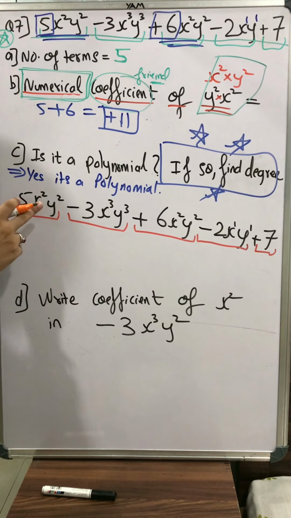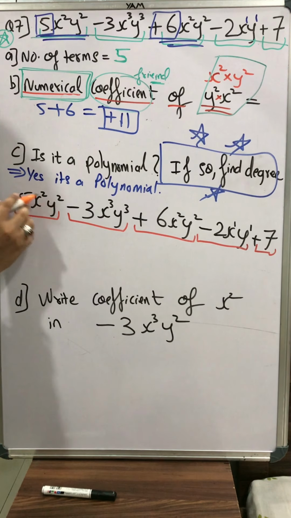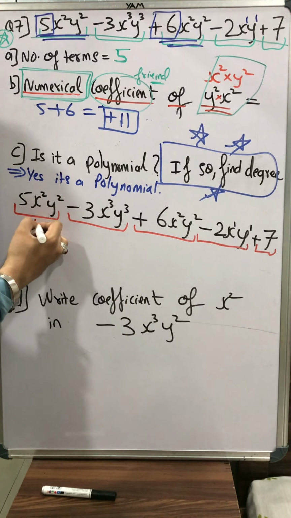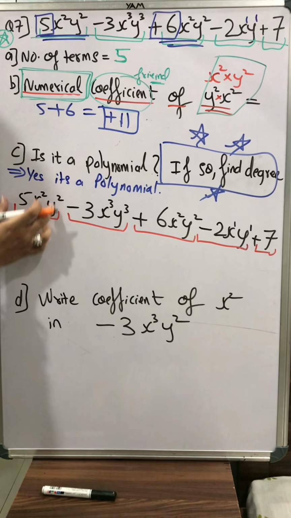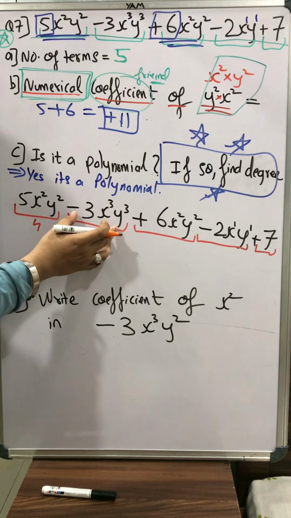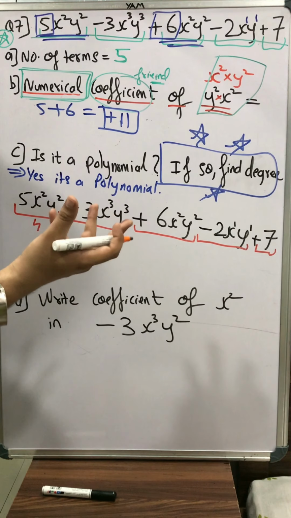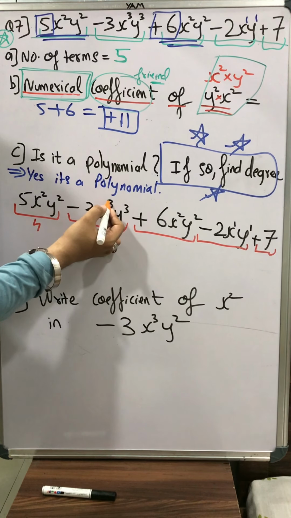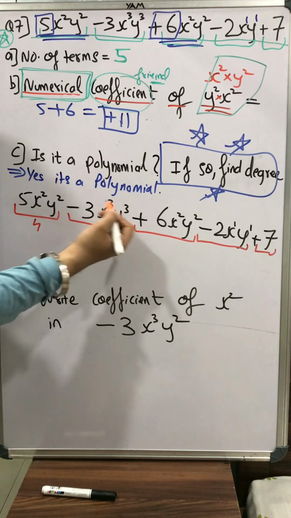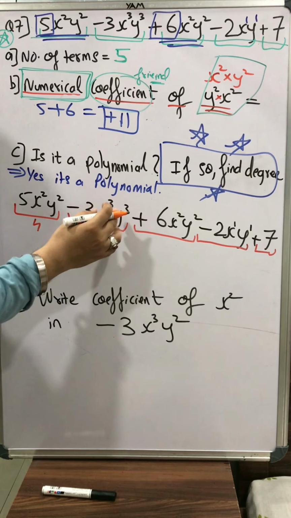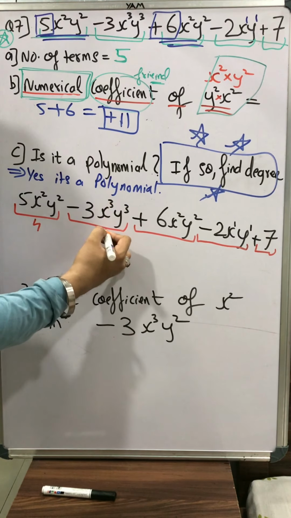When we have two variables, as we just saw in question number 6, here x and y, we have two variables, so we have to consider the powers of both. Here it's 2 and here is 2, so 2 plus 2 becomes 4. So 4 is the degree of this term. We'll not see this minus, we'll not see this 3, we only see the powers of variables. Here the power of x is 3, the power of y is 3, so 3 plus 3 becomes 6.